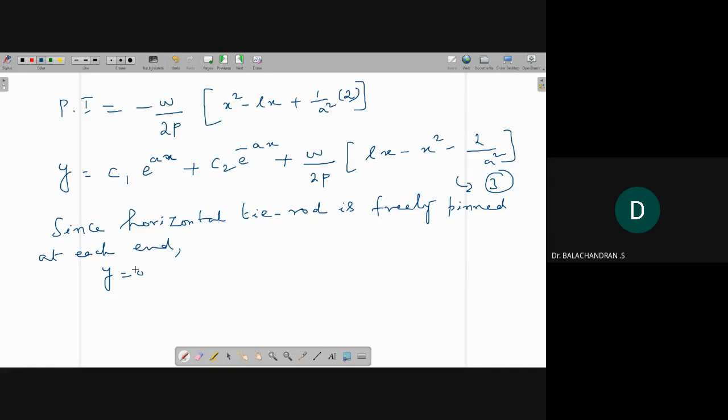Correct, Lakshmanarayanan? Okay, so first I take only y equal to 0. The second derivative I'm not going to use now because now I have y. So at both ends, that is O, the origin, and L, we have y equal to 0 and second derivative 0.